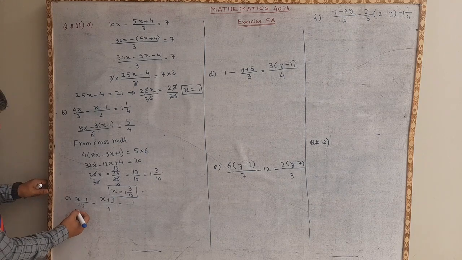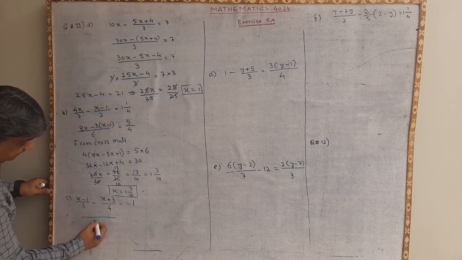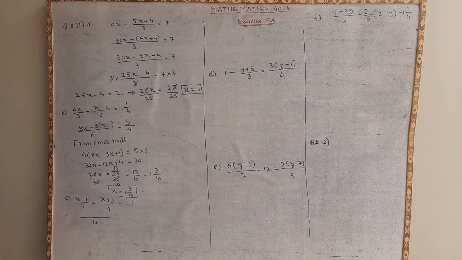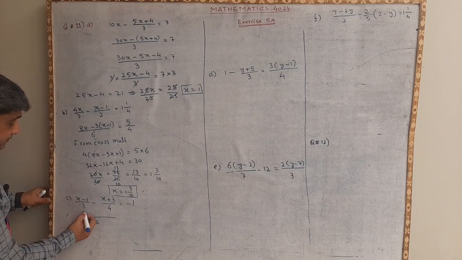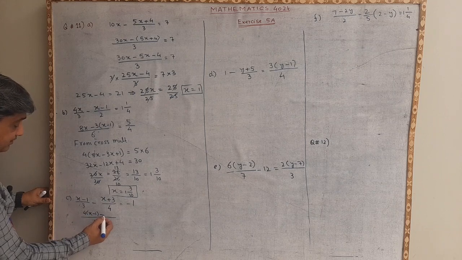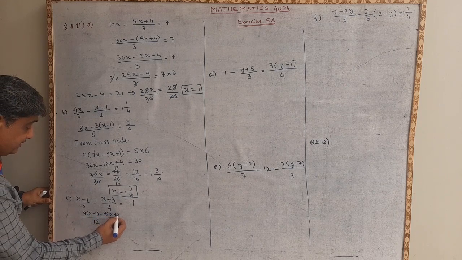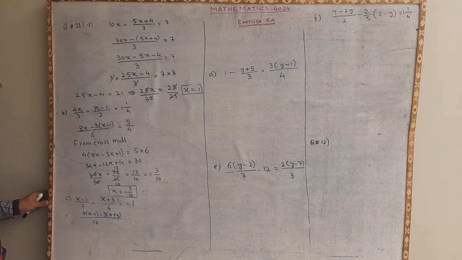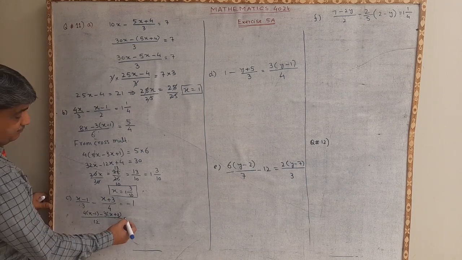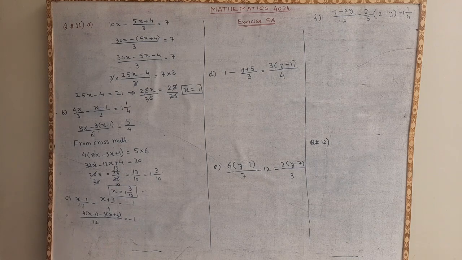Now we are talking about this one. So here I have to take 12 as the LCM, and then 4 will be multiplied with x minus 1, minus 3 will be multiplied with x plus 3, and minus 1 will come on its place.